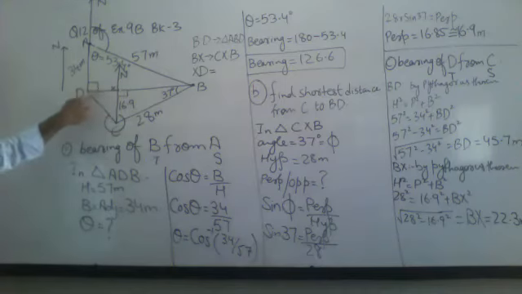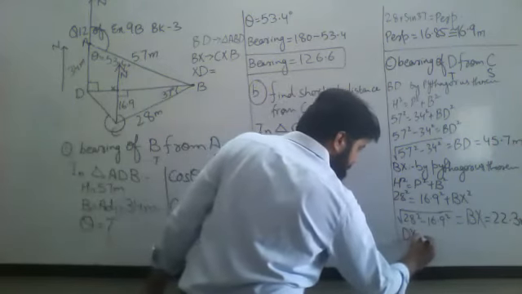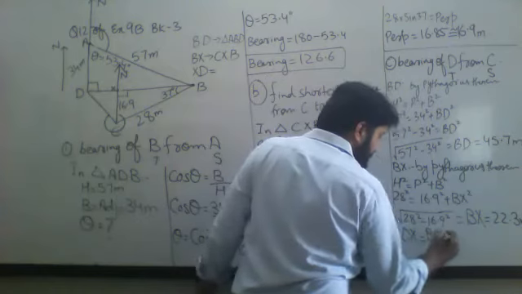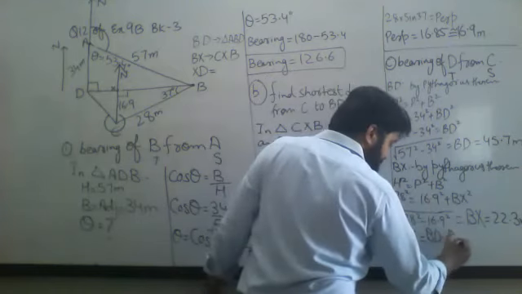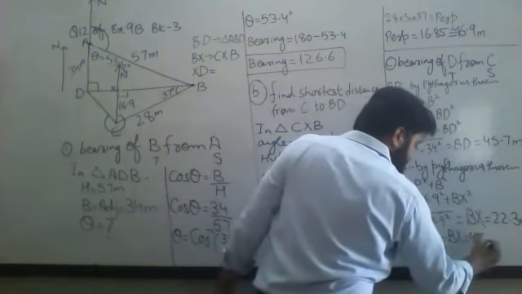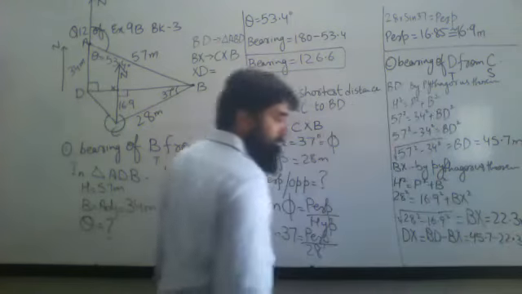I have to find this one. How will I find XD? XD will be BD minus BX, which means 45.7 minus 22.3.